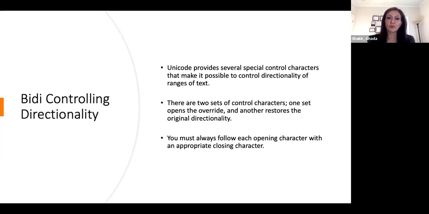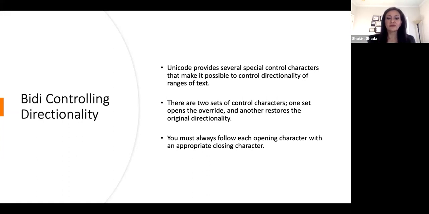One set opens the override and another restores the original directionality. So when you are, for example, opening a parenthesis, you are using that control character to open up that bidirectionality, and then you put in your text, and then you have to close it so that it will go back to the original directionality of the original text.